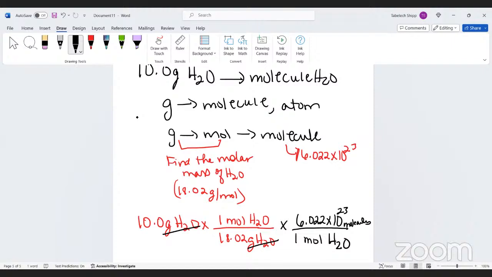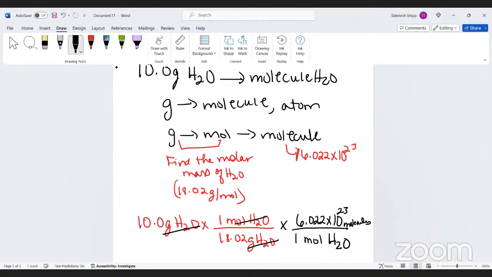To make it make sense, what we're going to do is multiply 10.0 times 6.022 times 10 to the 23rd, and then divide that by 18.02.